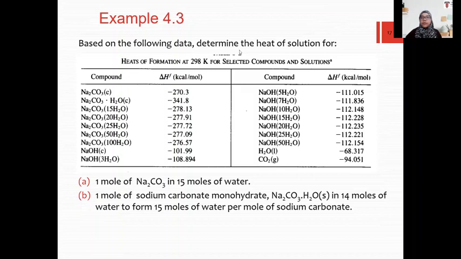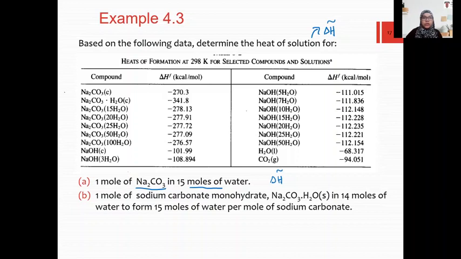Let's take a look at the next example. Based on the following data, determine the heat of solution for A, 1 mole of sodium carbonate in 50 mole of water. So what is the heat of solution for 1 mole of sodium carbonate in 50 mole of water? Based on the heat of formation, to produce the solution, that means we have the solute and also the solvent.